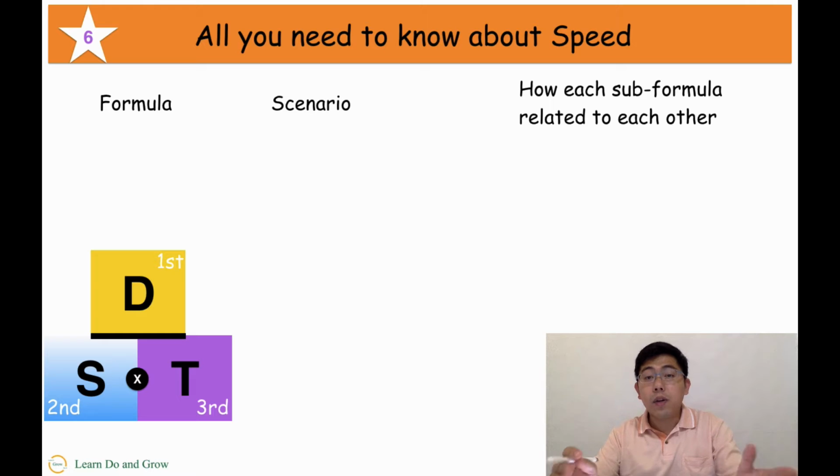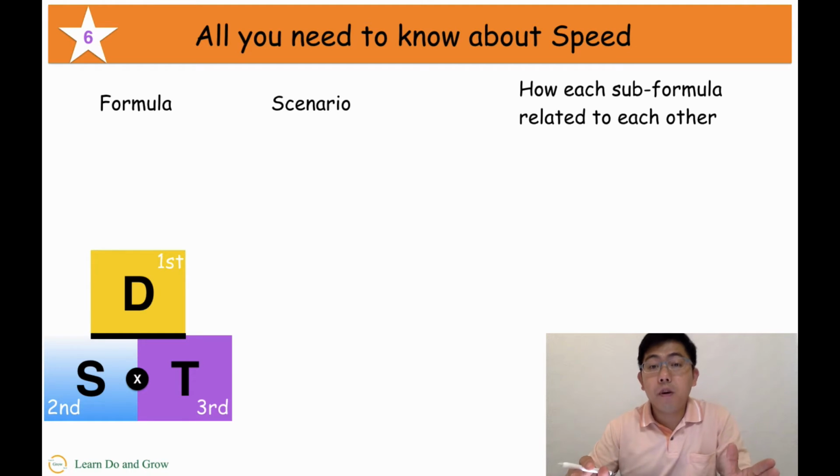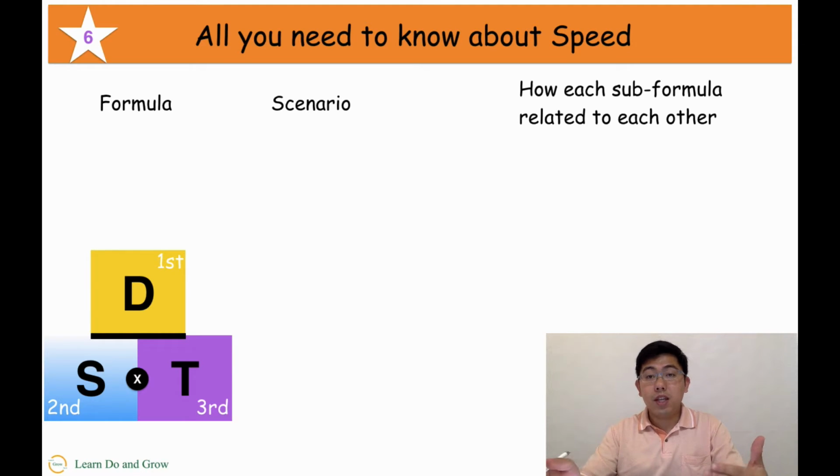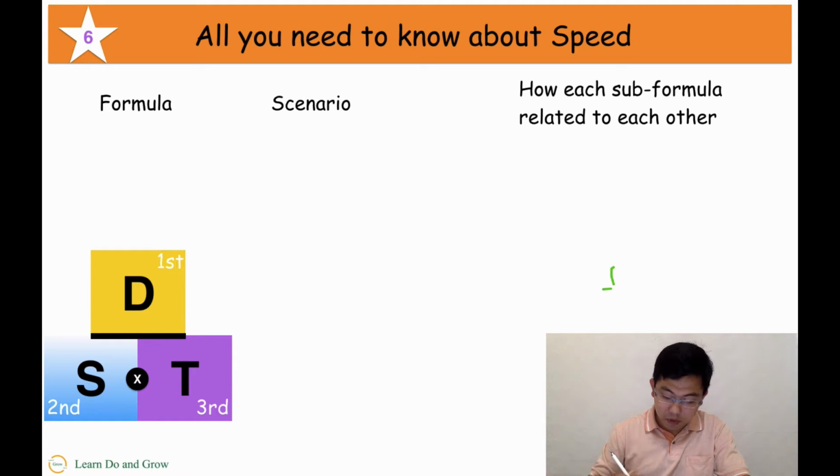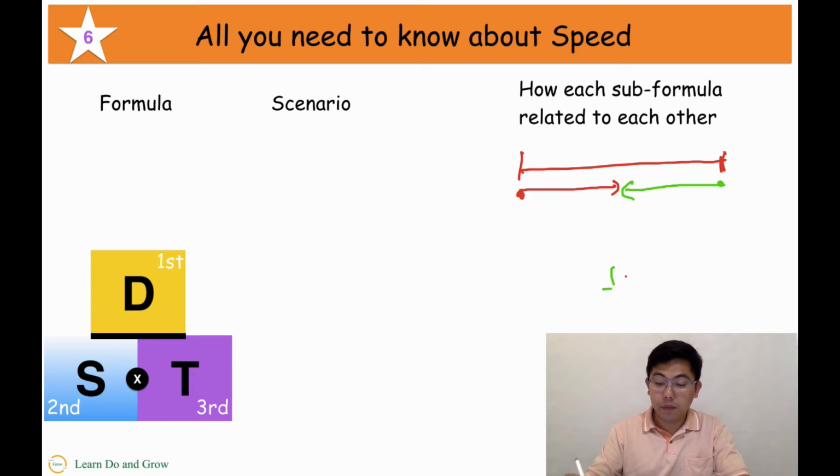Okay, so how each sub-formula is related to each other. So for example, I'm going to draw this out. Let's start with here, and over here start with this one.